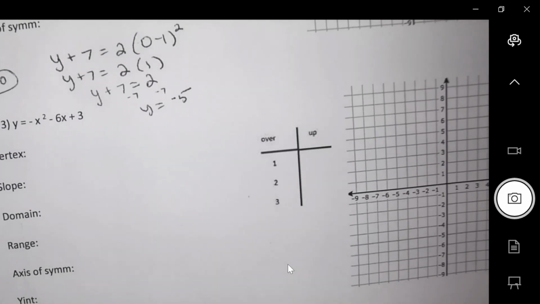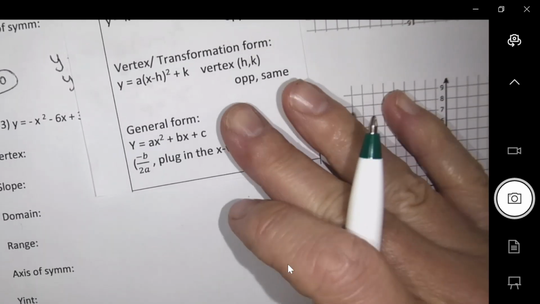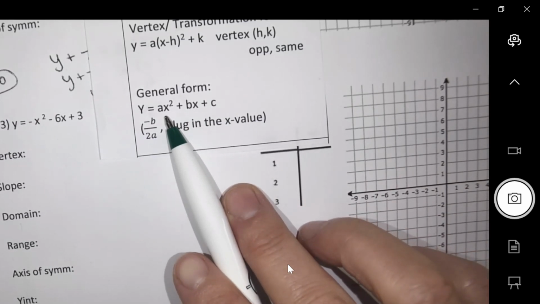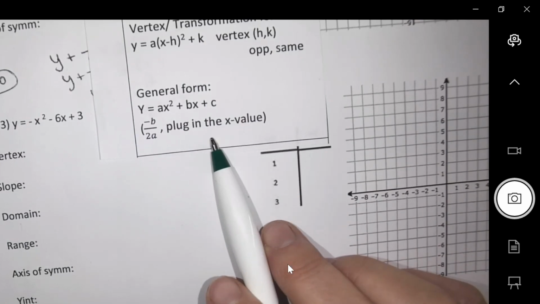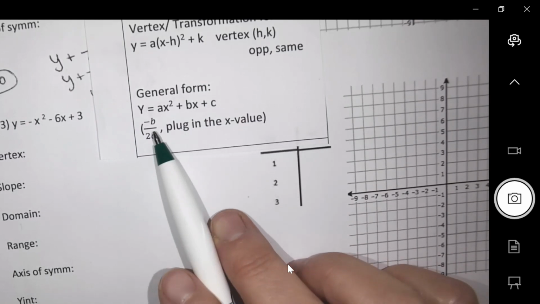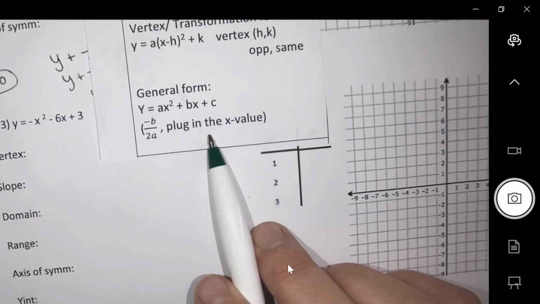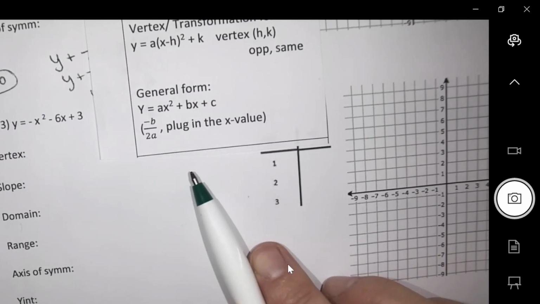And the third equation is the one we just introduced on Friday. We just started talking about it. And this one is called general form, and it looks like this. ax squared plus bx plus c. And what did we do last time? Negative b over 2a, and then we plugged it in. So this was something new that we learned on Friday.